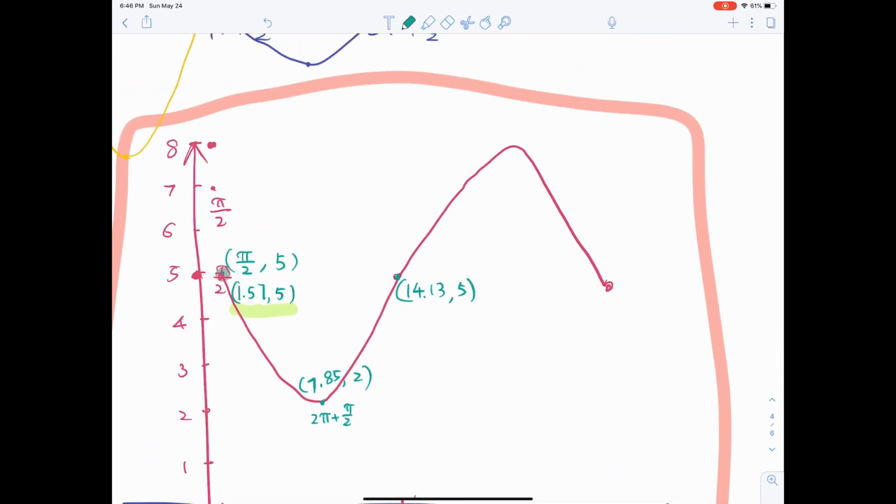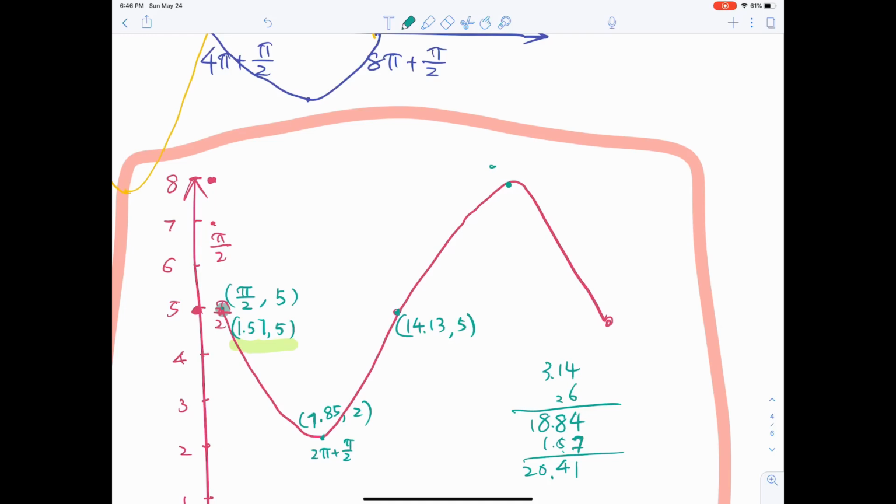Yes, and this one will be 6 pi plus 1.57. 3.14 times 6 is 18.84, plus 1.57 is 20.41, and the highest is 8.